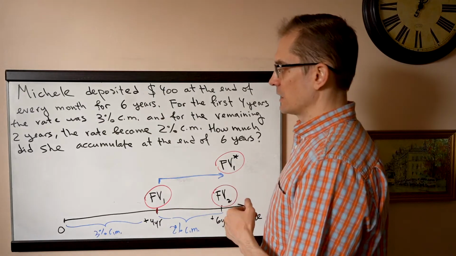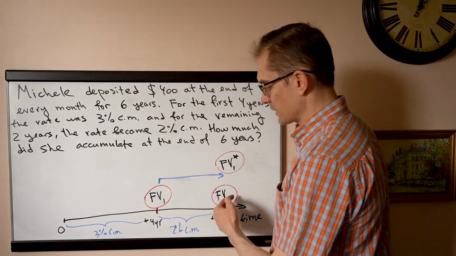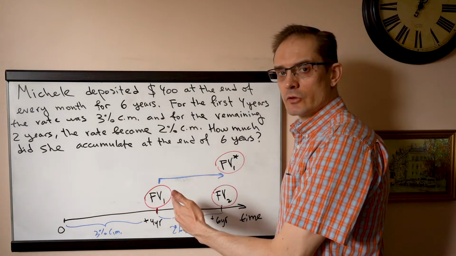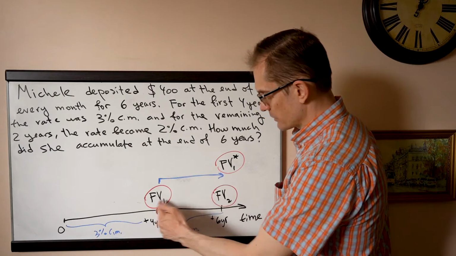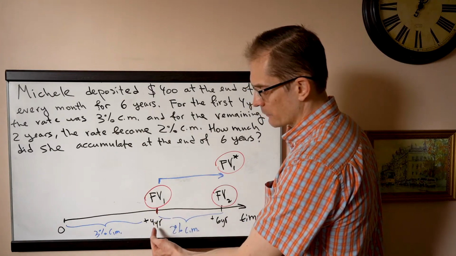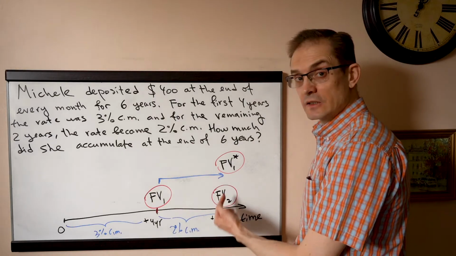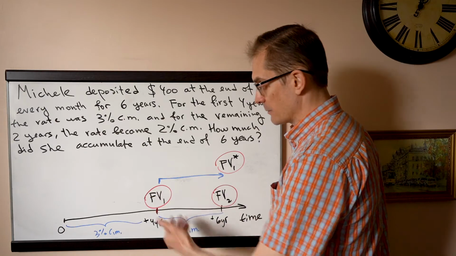Another mistake is to find the future value of the first annuity, the future value of the second annuity, and just add up those two numbers. You cannot do that because these two numbers are separated in time, right? The future value of the first annuity is 4 years from now, the future value of the second annuity is 6 years from now. You cannot simply add them up.